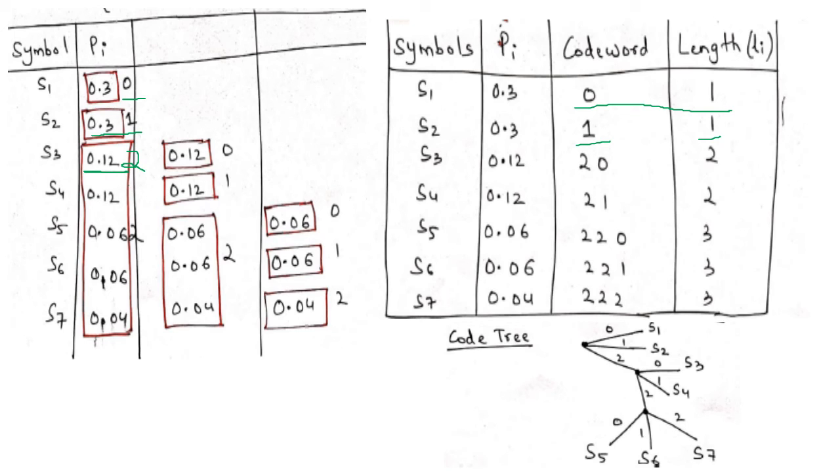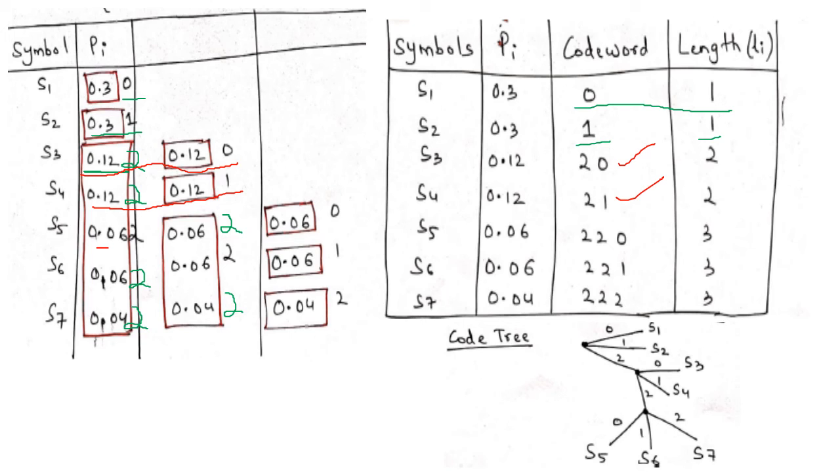So for the third group in the first stage, all the elements are assigned with code word 2. In the second stage, for this third group, all the elements are assigned with code word 2. So 0.12 code word is 20. For the next 0.12 code word is 21.